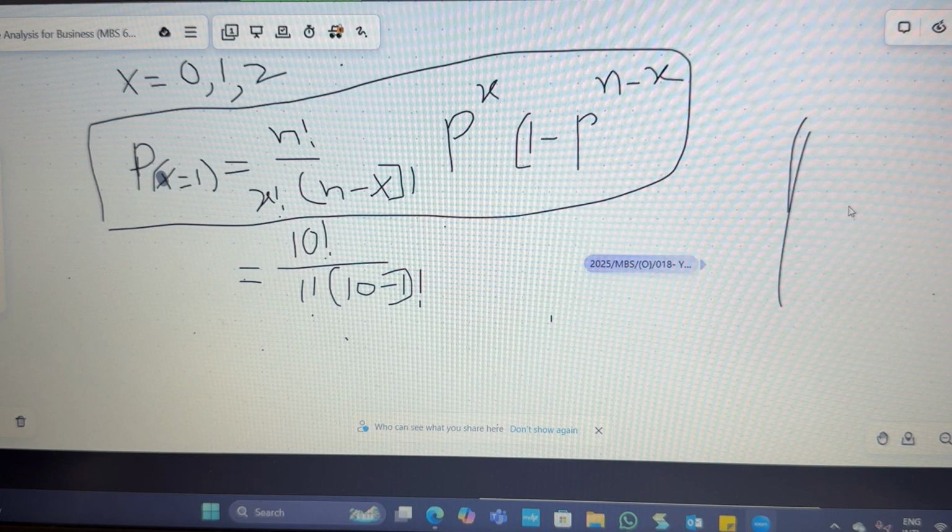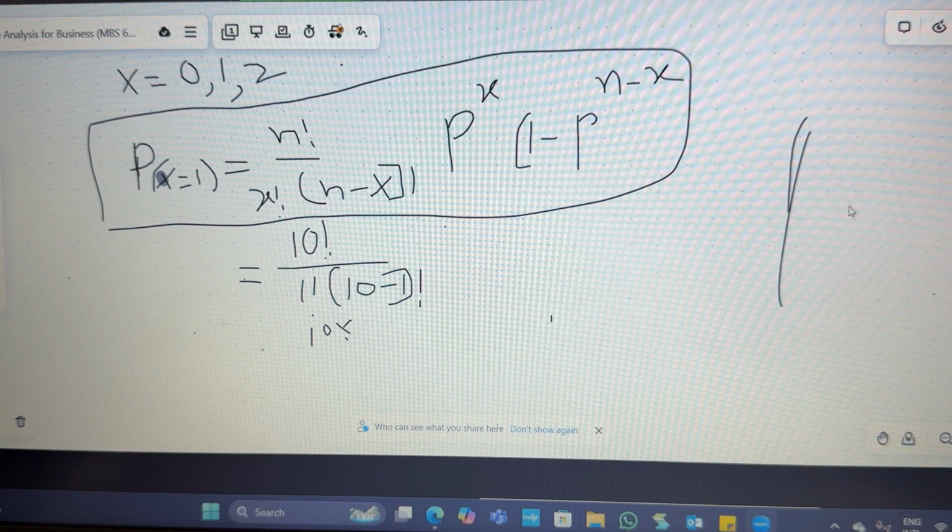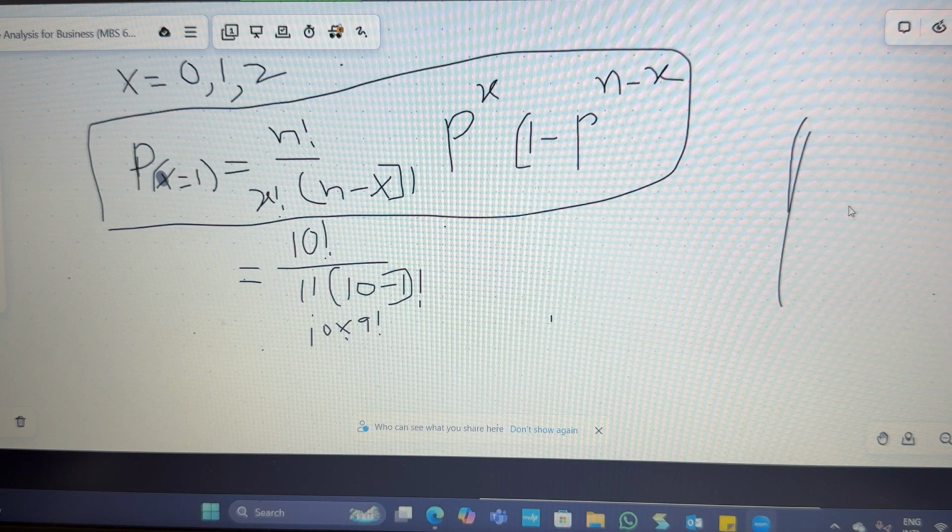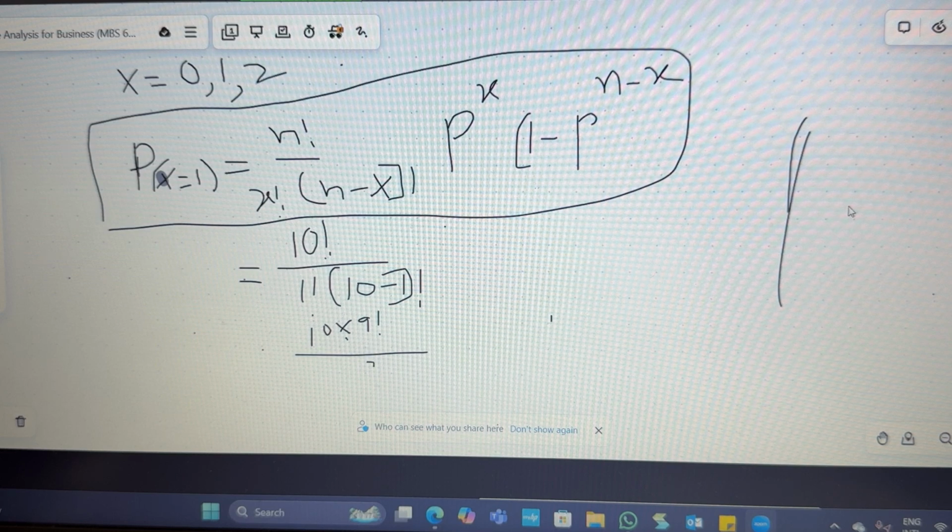So this is equal to 10. How do you get the 10? 10 factorial is 10 times 9 factorial, then divide by 9 factorial, which is 10 minus 1 factorial. Then this one gets deleted, and the answer you will get is 10.